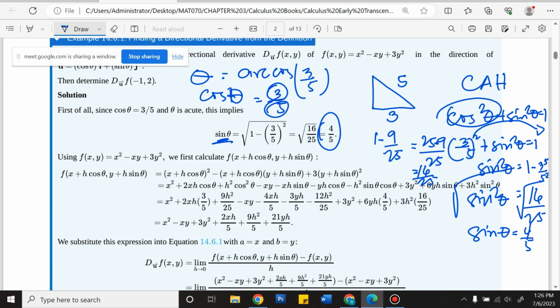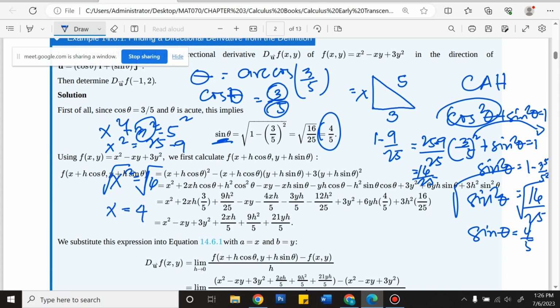Another way of finding that is using the Pythagorean theorem. Let's say the missing side is x. X squared plus 3 squared equals 5 squared. Then, we have x squared equals 25 minus 9, so x squared is equal to 16. We take the square root, you will have 4.